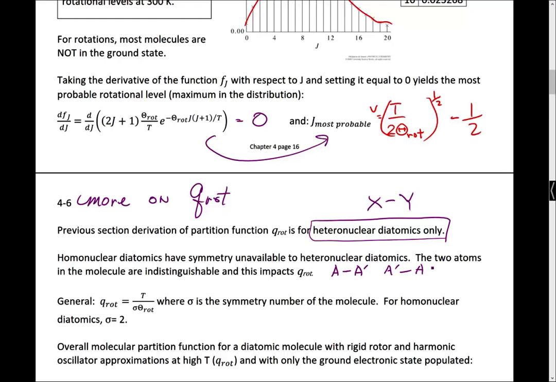I need to define what that symmetry number is. It's given the symbol sigma, and it basically is the number of equivalent rotational positions of the molecule.